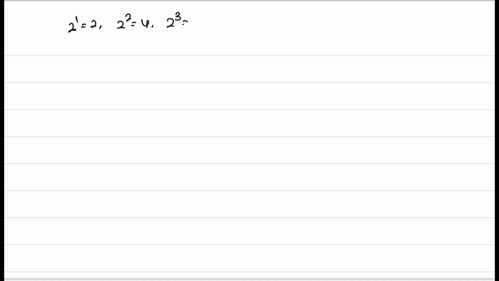2 to the power of 3 is equal to 8. It cannot be divided by 25. 2 to the power of 4 is equal to 16. It cannot be divided by 25 and give the remainder. 2 to the power of 5 is equal to 32. Remainder is equal to 7 when divided by 25. 2 to the power of 6 is equal to 64.